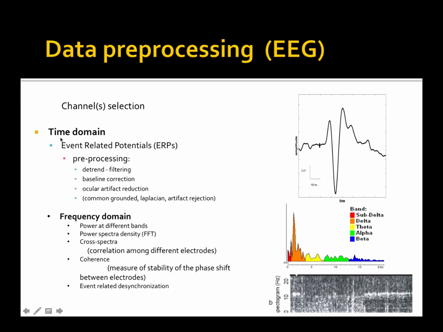So you will probably do some analysis in the time domain, especially filtering on the trend in the data, cleaning it up a little bit with baseline corrections or ocular artifact corrections. You can do some transformations and decide whether the data is clean or not. If the subject moved and you have a signal that is like a fast muscle activity because the subject yawned or clenched or moved around, you may not want to include that.